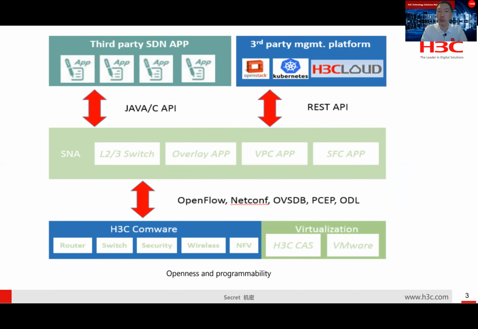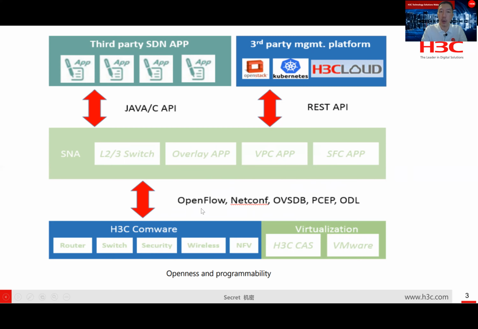I'm not going to drill down into a lot of detail, but at least you have a concept of what we are going to do. With the SNA Center, we are managing the layers below, like virtualization, and also wireless, security, switches, routers, NFV.